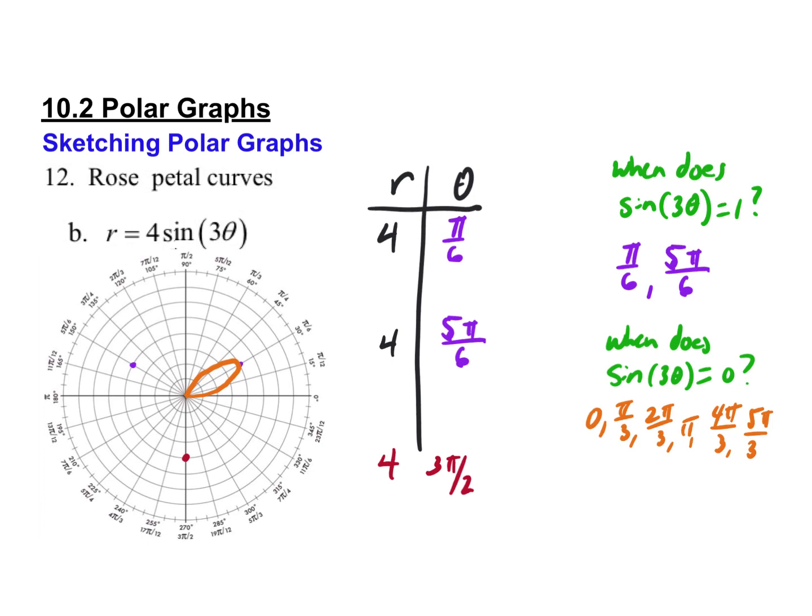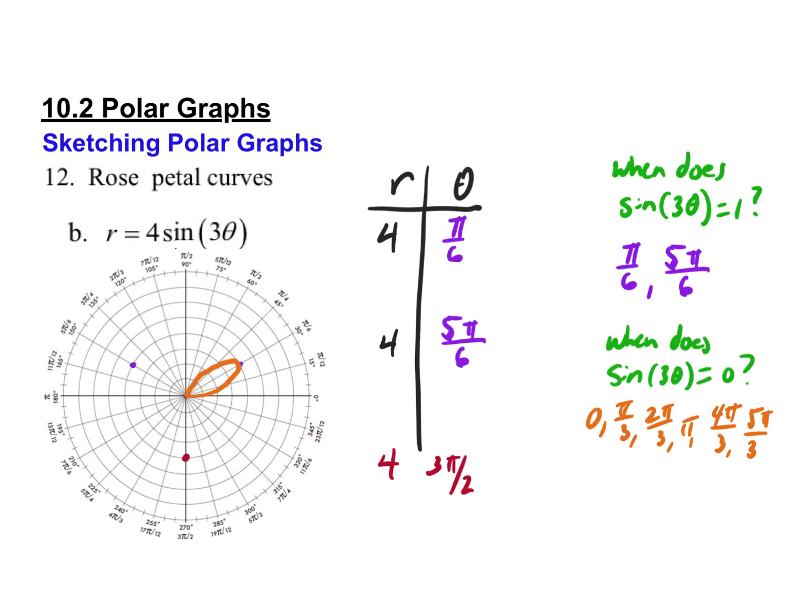To be even more specific, we need to know where the widest part of that pedal is. And it would be helpful to know maybe something about pi over 12, because that's kind of in between. And maybe pi over 4, something in there, okay?